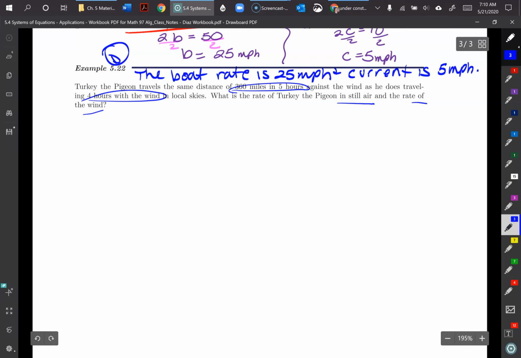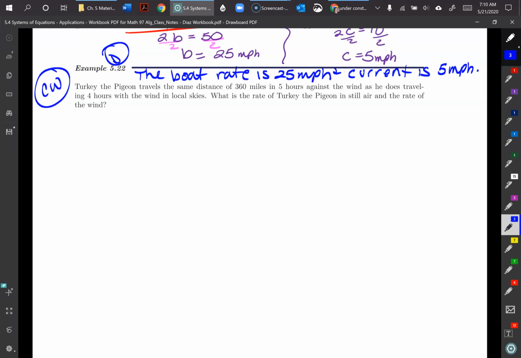So it's the same setup as the boat problem, that you have a with the wind and against the wind. So try to do that on your own. Do this one as classwork, and then I'll write out all the pieces, and then I'll use the laser pointer to just go through it quickly for you.